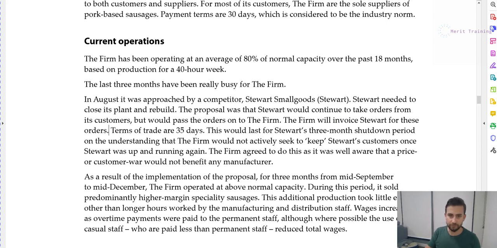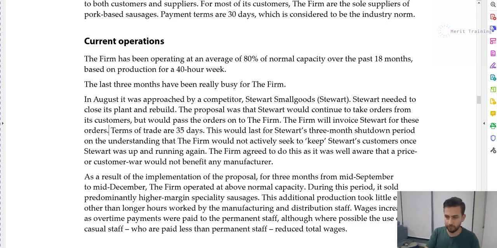So, competitor, Stewart Small Goods, due to needing to close plant and rebuild (temporary), has proposed a partnership, or it's more of a referral agreement, where Stewart would take orders and refer orders to the firm.